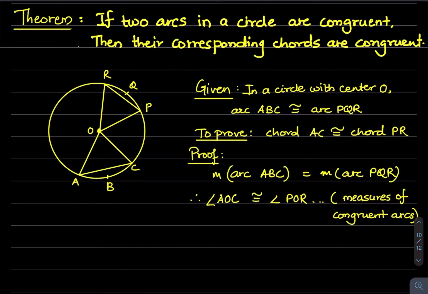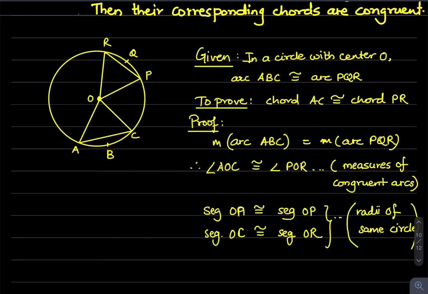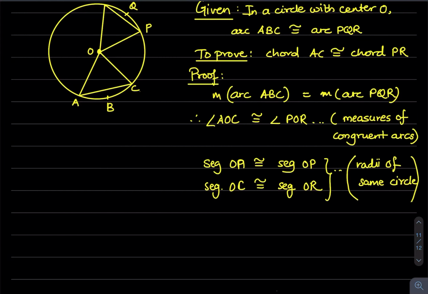As both arcs are in the same circle, their radii are congruent, so the remaining part is that their central angles should be congruent. So angle AOC is congruent to angle POR because they are the measures of these congruent arcs. Now next step, segment OA is congruent to segment OP and segment OC is congruent to segment OR.